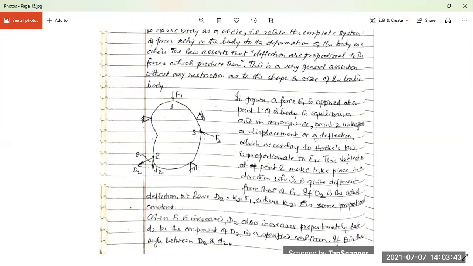This deflection at point 2 may take place in a direction which is quite different from that of F1. If D2 is the actual deflection, we have D2 equals K21 into F1, where K21 is the proportionality constant.